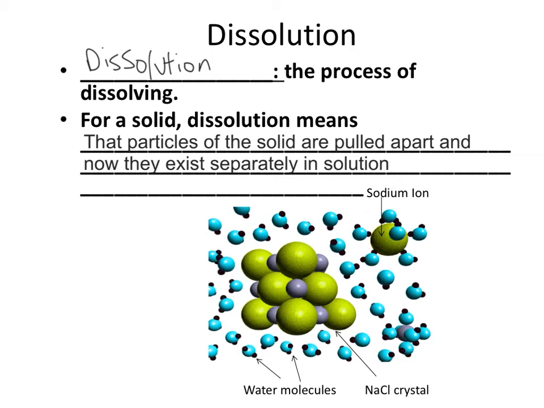And that's what we see going on here. We have some sort of salt, and the water molecules are pulling the ions apart. So here we have a sodium ion being surrounded by water. Here we have a chloride ion being surrounded by water. So the water's pulling off the ions to cause this dissolution.